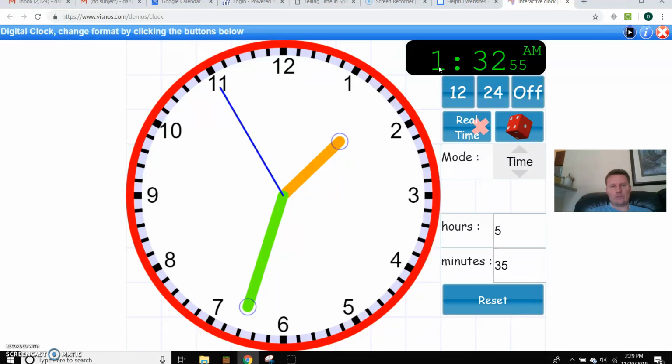We would say es la. So we start this off with es la una. We don't say uno. Telling time, you always say una. Any other time you refer to 1, it is uno. But in this case, with telling time, it's going to be una. Es la 1:32. And then AM is de la mañana.